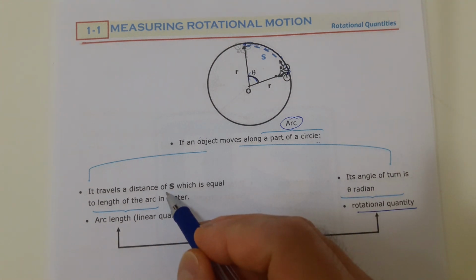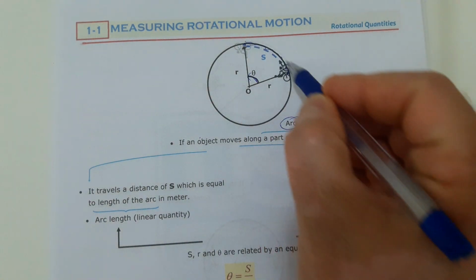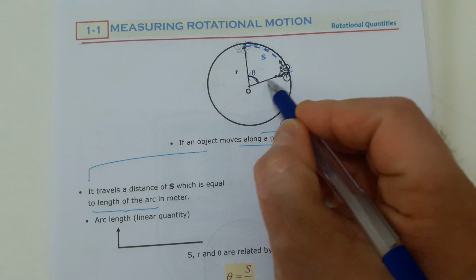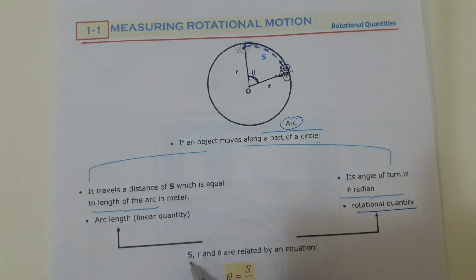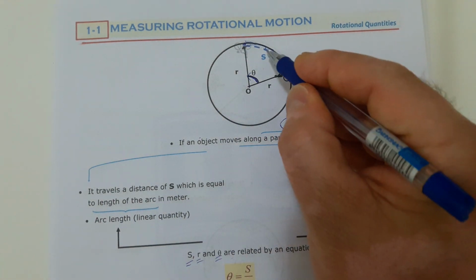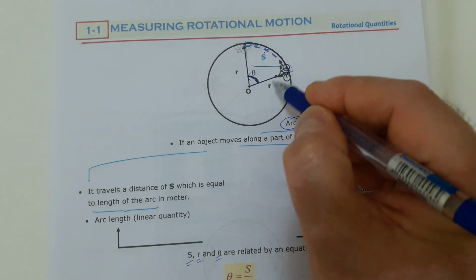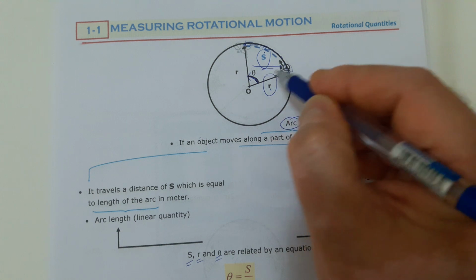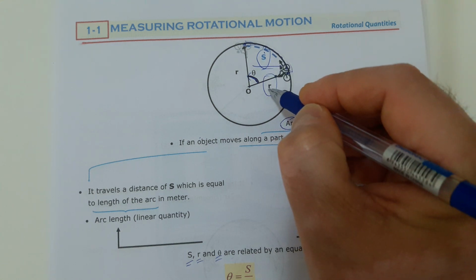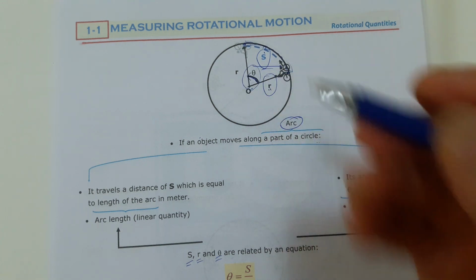The arc length, the radius and this theta are related. S, r, theta are related by an equation: theta is equal to s over r. If we divide two linear quantities, s over r, we get an angular quantity, theta.